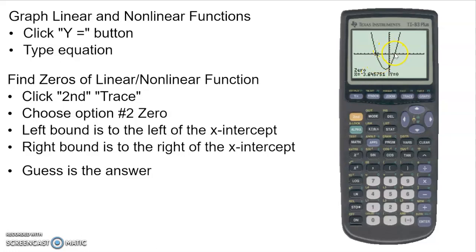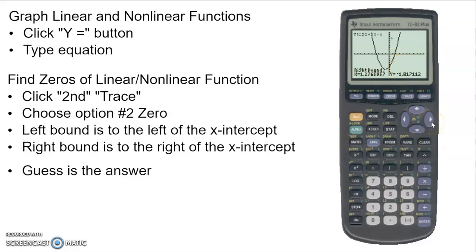To find the other zero over here, I would hit second, trace. Again, choose number 2, zero. Left bound, so I go to the other side. Left bound means I have to be to the left of this x-intercept. If I were to draw a vertical line straight down through here, I have to be to the left of it, which just means I'm going to be underneath the x-axis this time. So I hit enter.